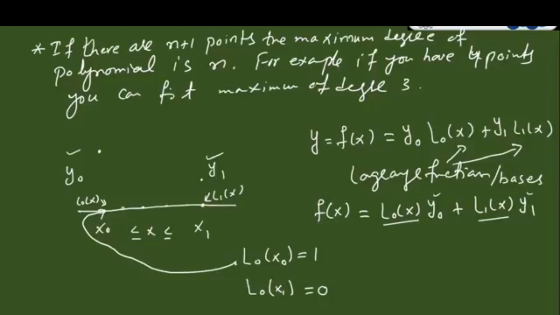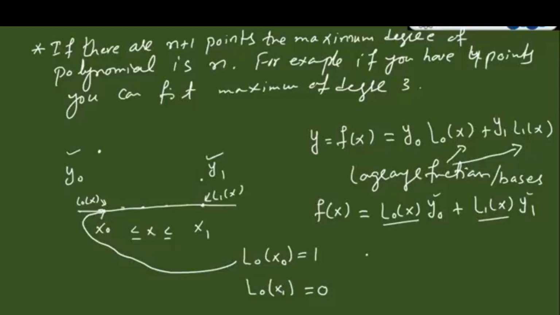That's why we say L0 is associated with x0. You understand now what the association means? At x0 it is alive, it has the value 1, and on all other nodes it is dead, it is 0.